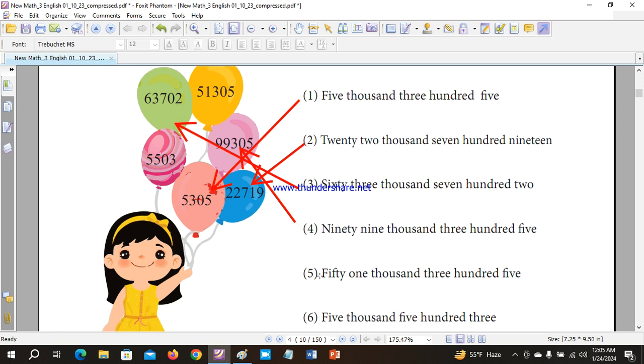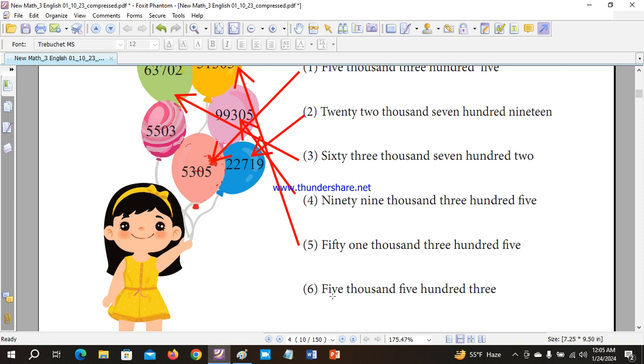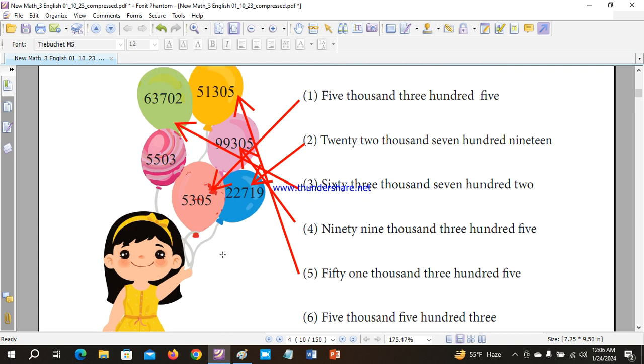And 51,305, 51,000 here, 51,305. And number 6, 5,503 here, 5,503.